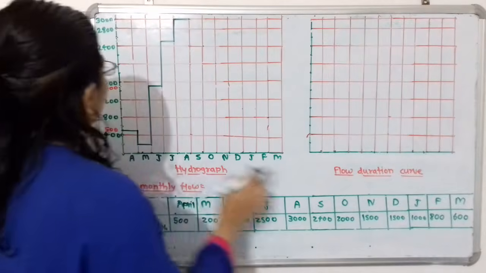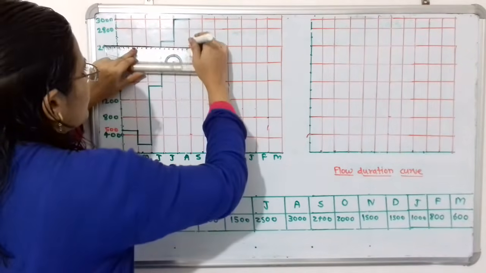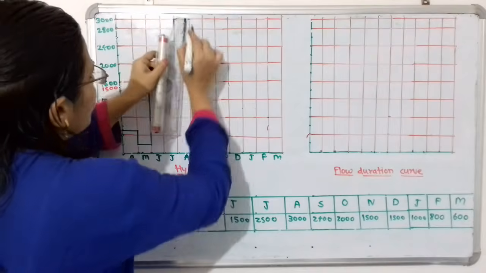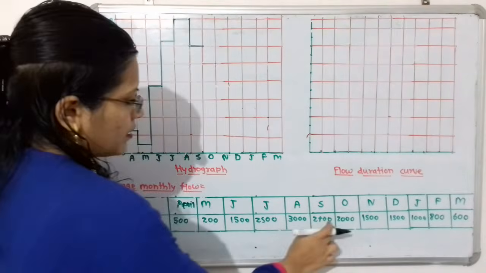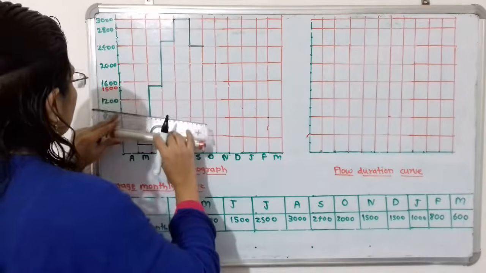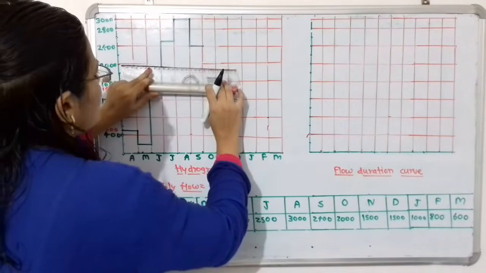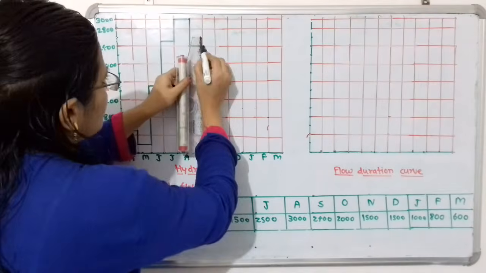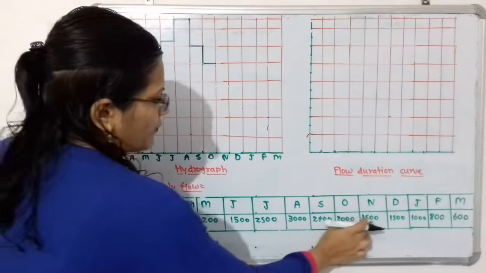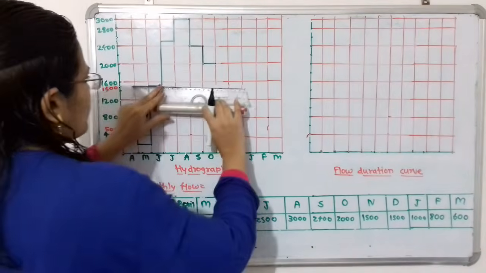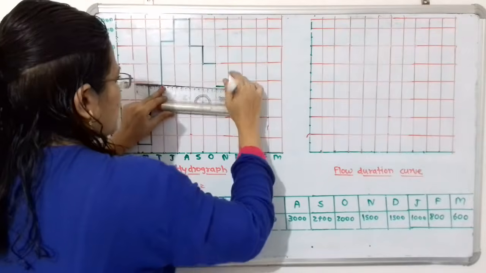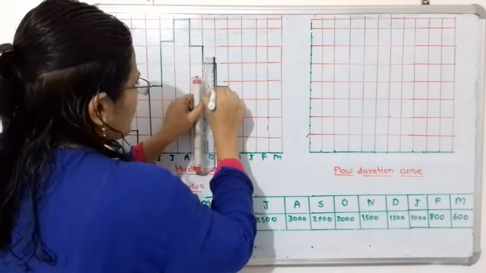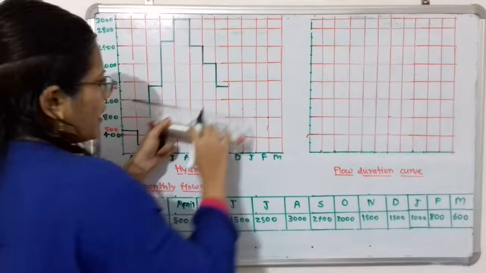Then 2400. So here is 2400. Then 2000. So here is 2000. After that 1500. So 1500 is getting repeated. Then 1500 again.